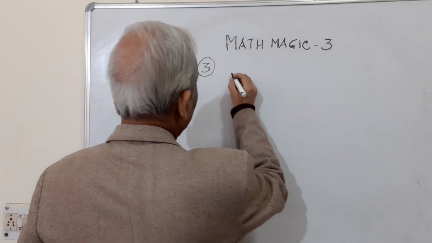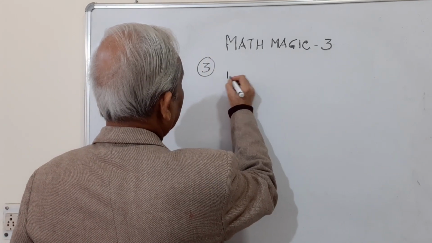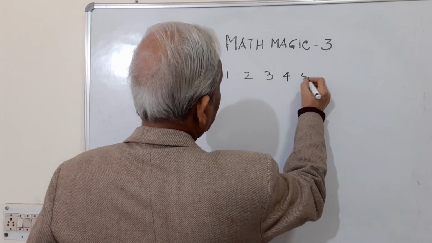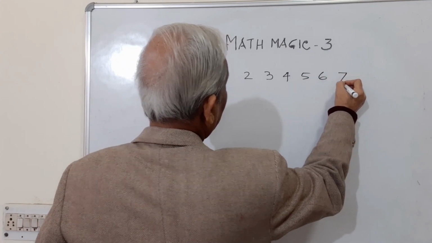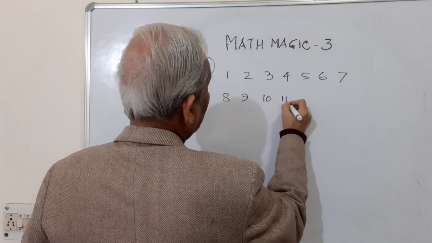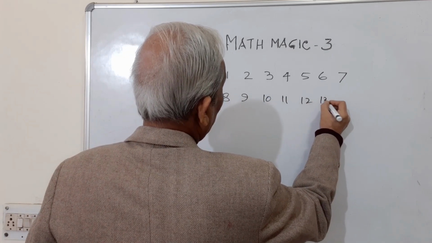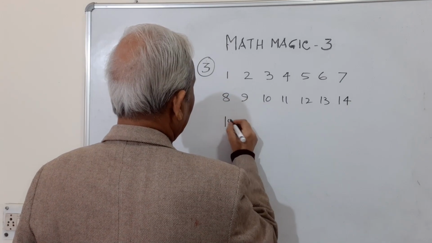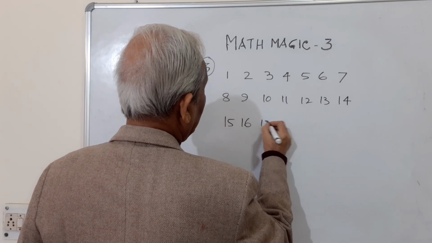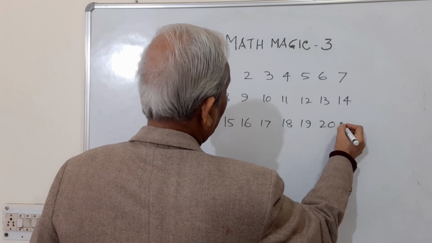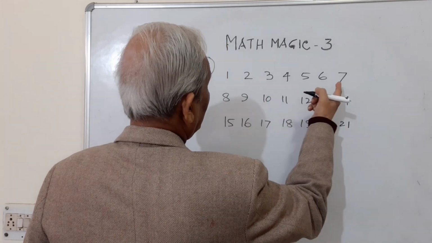Say in a calendar there are 1, 2, 3, 4, 5, 6, 7, then 8, 9, 10, 11, 12, 13, 14, and 15, 16, 17, 18, 19, 20, 21. That's Monday to Sunday.